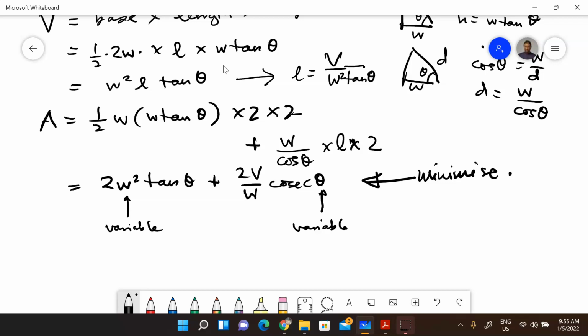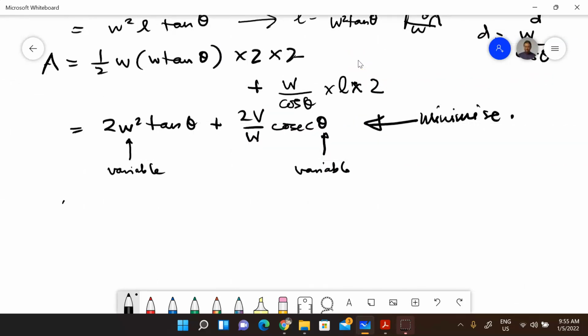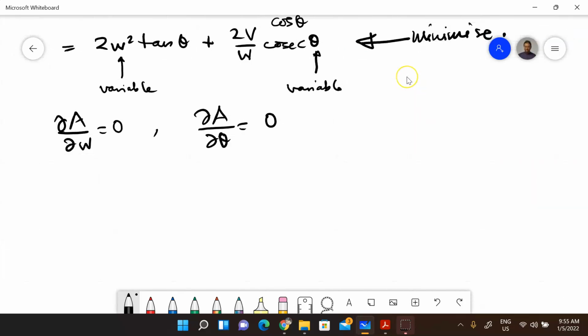So what we need is essentially partial A partial W equal to 0, and partial A partial theta equals 0. Okay. So the first one, just solve this immediately.